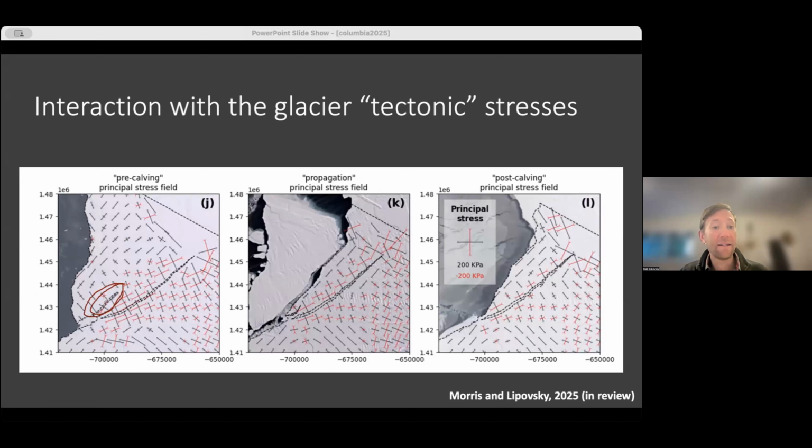And that is in itself an interesting thing glaciologically, because most glaciologists don't model shear fracture in ice shelves. Ours is one of the first studies that really showed that shear stresses are really important for rift propagation.